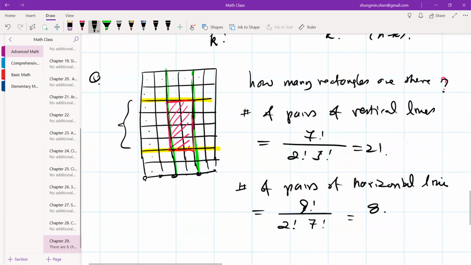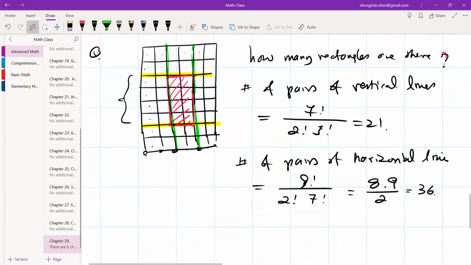I already showed you the formula, right? So it will be 8 times 9 divided by 2, which is 36. How do I quickly cancel that? Because 9 factorial can always be written as 7 factorial times 8 times 9, so the 7 factorials cancel out.